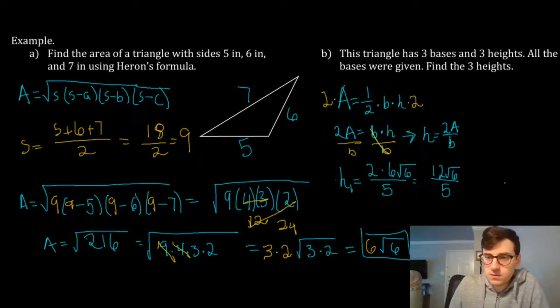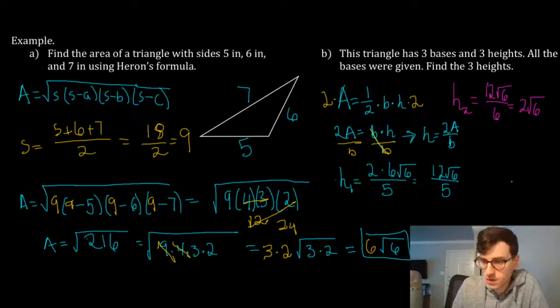Height 2, again, the top is 12 root 6 over 6, which is just 2 times the square root of 6.